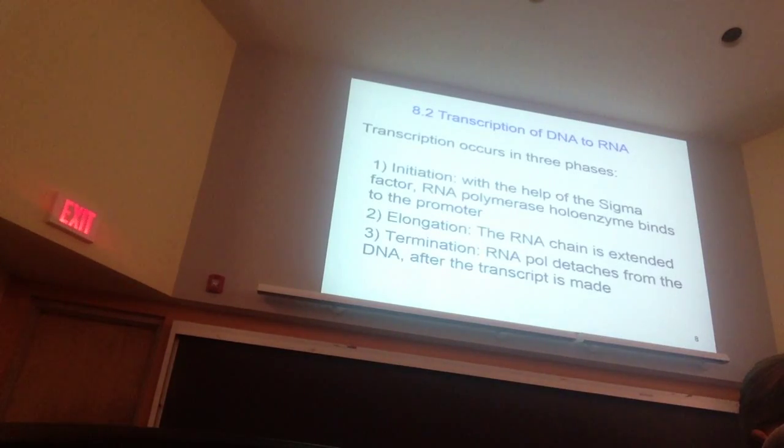Then it starts transcribing DNA into RNA. And so you get a longer and longer chain of RNA that is extended, and then you reach a stop codon at the end of the gene, which then detaches the RNA polymerase from the DNA after the transcript is made. So, understand that this is the big picture view.